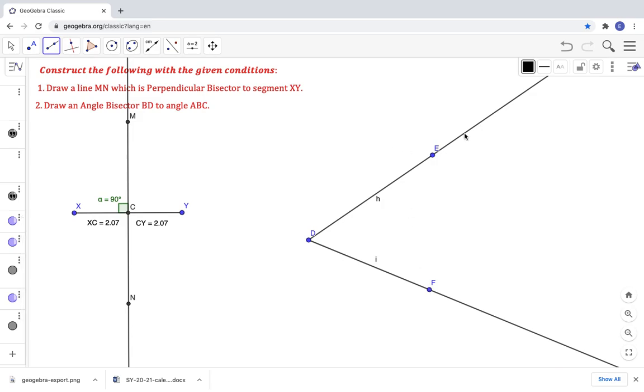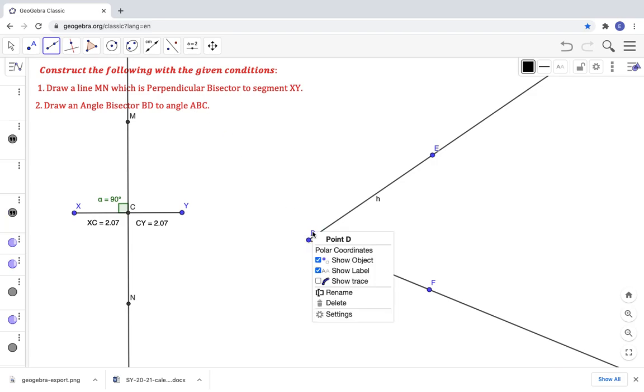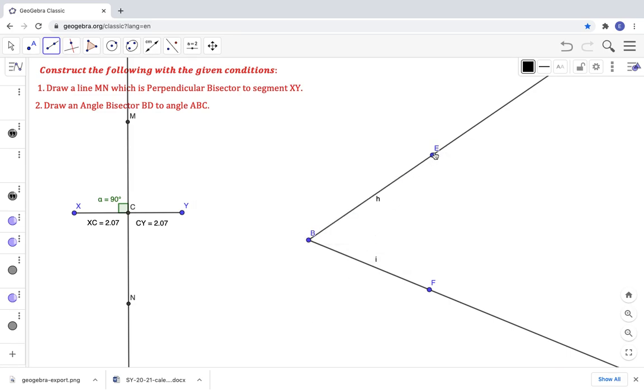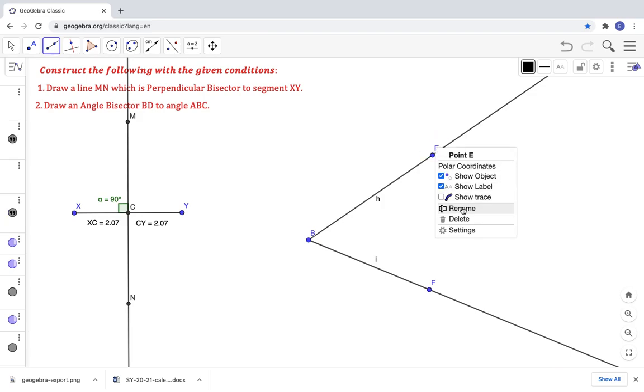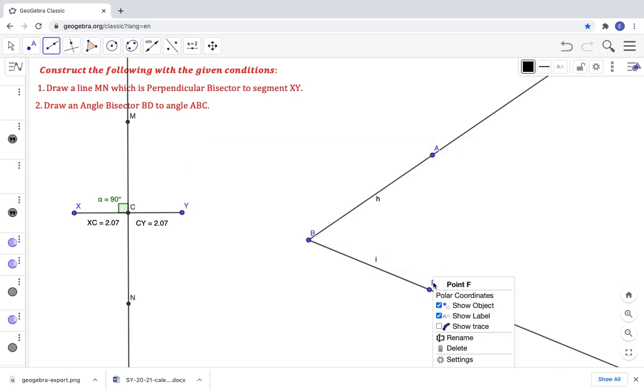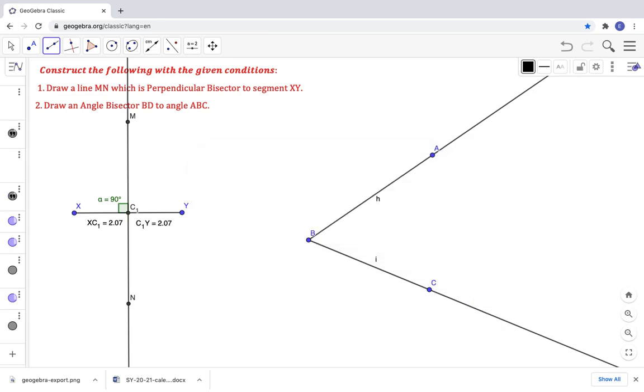Now, we need to name this angle as angle ABC. Since B is in the middle, our vertex is point B. Okay, so we can rename this point as A or C. It doesn't matter. So let's say it's point A, and this one will be our point C.